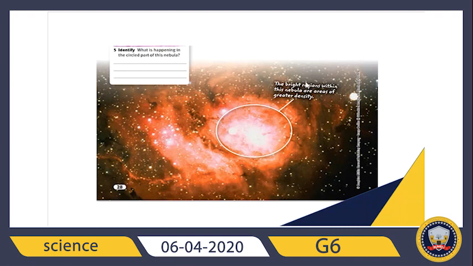So guys, as you can see here in this photo, this is the nebula, and as we can see, this area is much looser than the one in the center. Here the bright regions within this nebula are areas of greater density. So here at the core we have the greater what? Density.